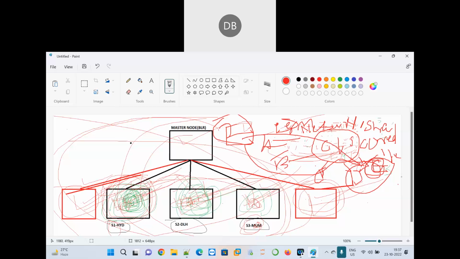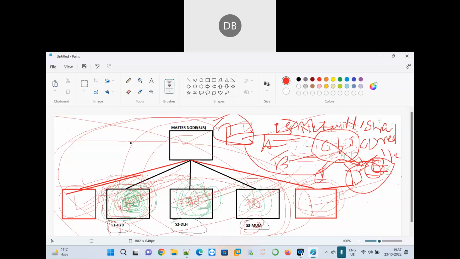Otherwise, you are not able to access it, even though you are from the same project, right? This is called the explicit way of sharing. This type of sharing mechanism is known as explicit.